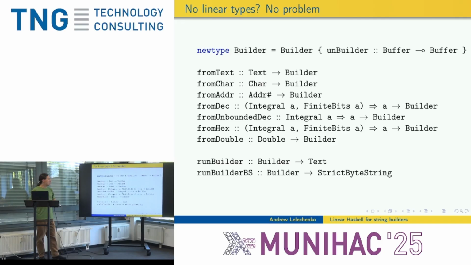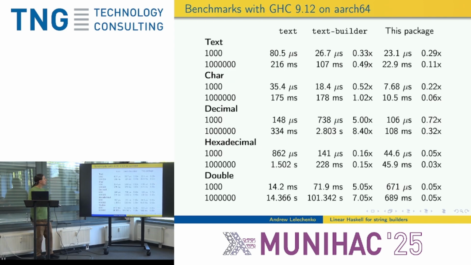So how bad is our fancy performance? So these are benchmarks on my laptop. They might not necessarily be representative, so please do your own research. Yeah, and we benchmark lazy builder from text, strict builder from text builder, and this linear builder.